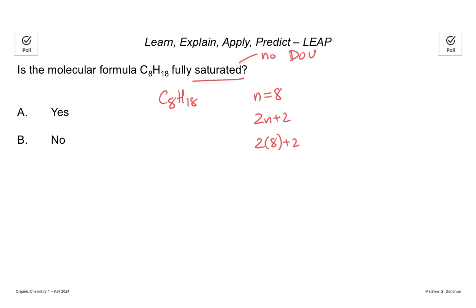We get 16 plus 2, that equals 18. Those numbers are the same. So is the molecular formula saturated? That's yes. If they were different, then there would be a degree or more of unsaturation.